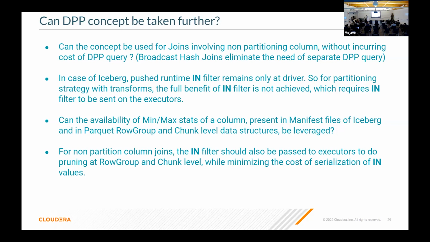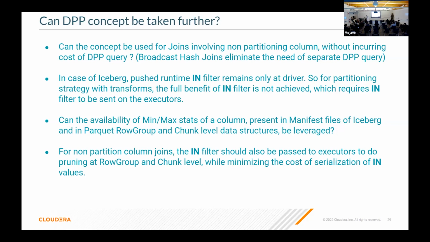The reason for it not being sent is most likely that the cost of serializing the values in the IN filter might be pretty high. So can we utilize the IN filter in such cases on the executor to do further pruning without hitting the cost of serialization? There are min and max values available on each column in the manifest file, that is at the driver level.